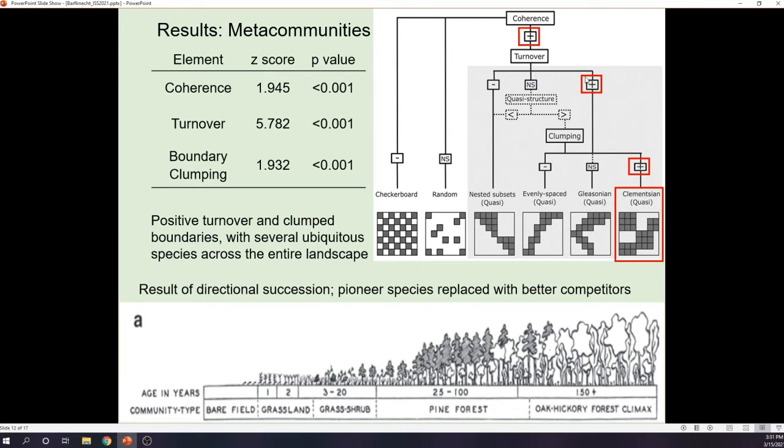The turnover was positive within it, indicating some kind of structure here as opposed to nested subsets. And then based on a positive Morisita's index, it showed that these sites tend to have somewhat of a Clementsian metapopulation structure, which is typically characterized by positive turnover, which is evident, and clumped boundaries, again, which is evident, and then several ubiquitous species across the entire site.